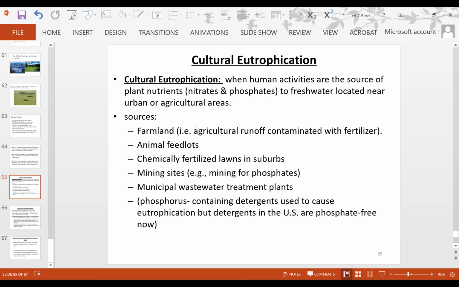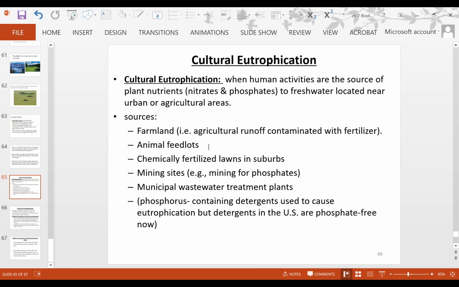So again, the farmland, animal feedlots, fertilizer that people put on their lawns in suburban areas can also lead to runoff of nutrients into local waterways.